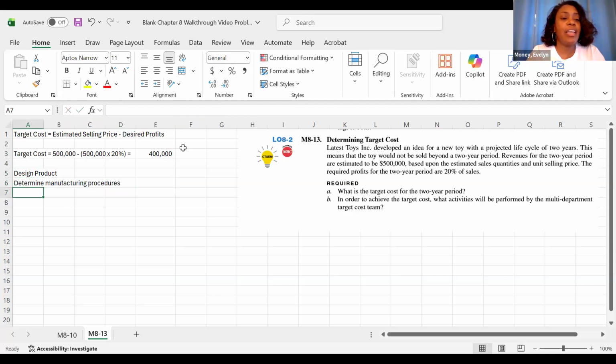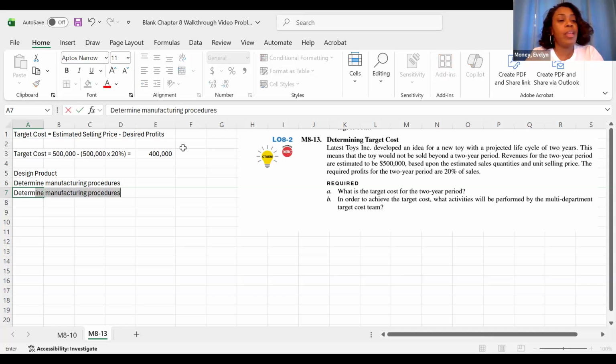And if this were a service company, we would determine the service procedures. Because it is a manufacturing company, there's one more thing that we have to do. We have to determine what the cost of the raw materials would be. So we have to find our necessary raw materials.